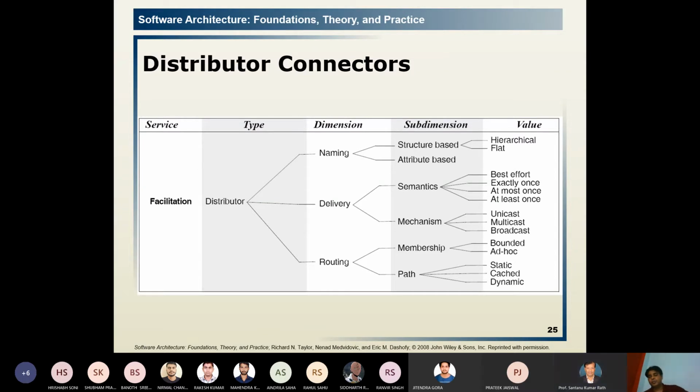Then routing. Routing means with membership or path. Membership means source routing. The bounded in membership is bounded or ad hoc. Ad hoc means an infrastructure-less network. There are infrastructured networks and infrastructure-less networks.